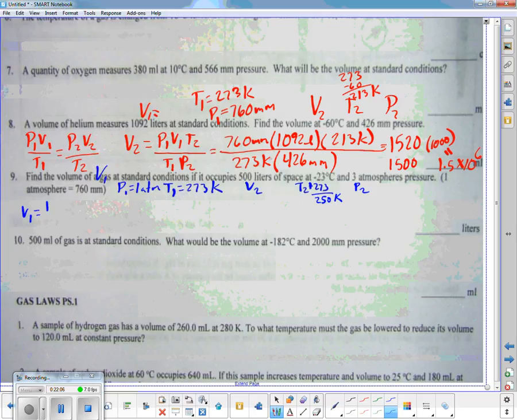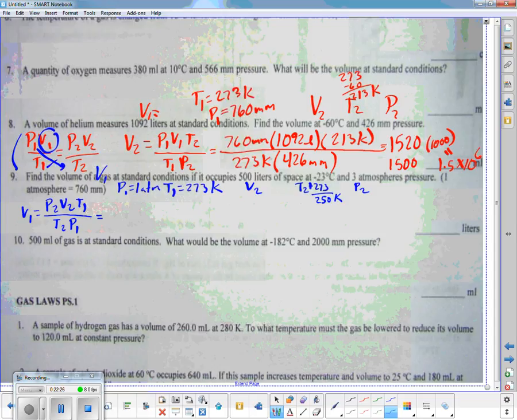So V1 is equal to P2 V2 T1 divided by T2 P1. Plugging in. I basically look at this right here and ask, what do I want? I want that. So I take this one down and this one up.